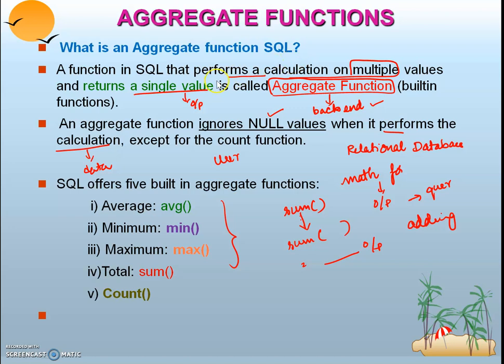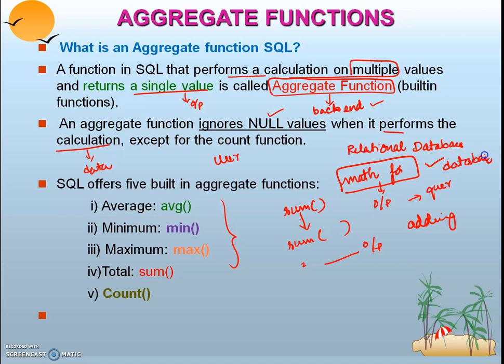An aggregate function is a function that is used to perform a calculation on multiple values to give one single value. It is very close to the mathematical formulas or mathematical relations with respect to the data inside the database.